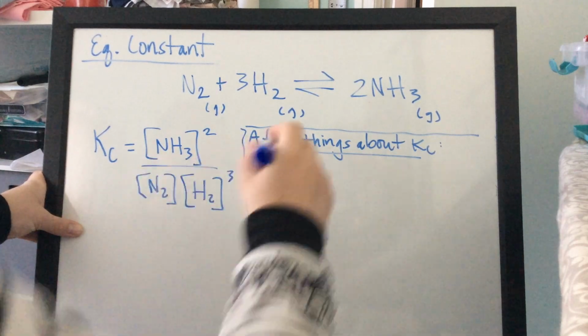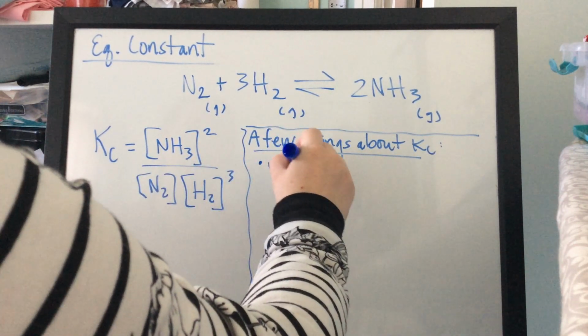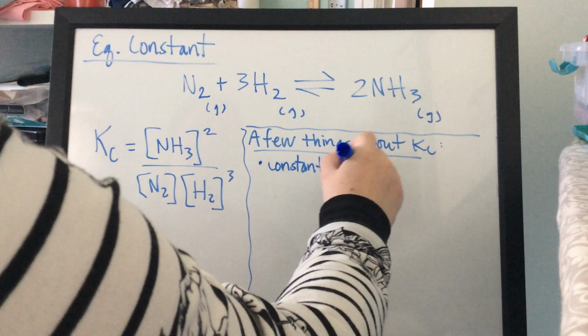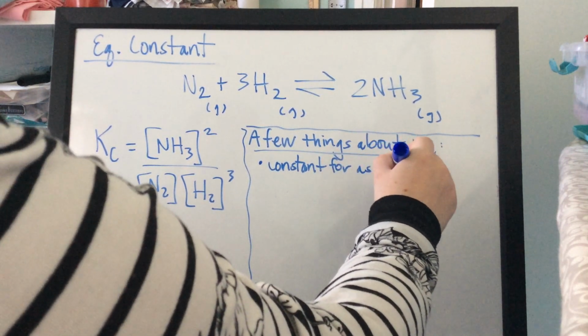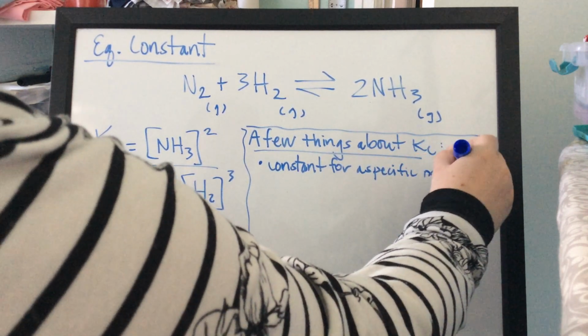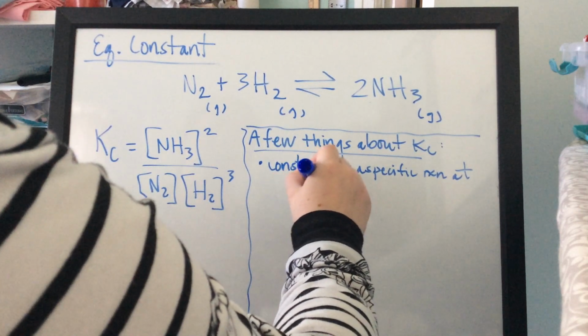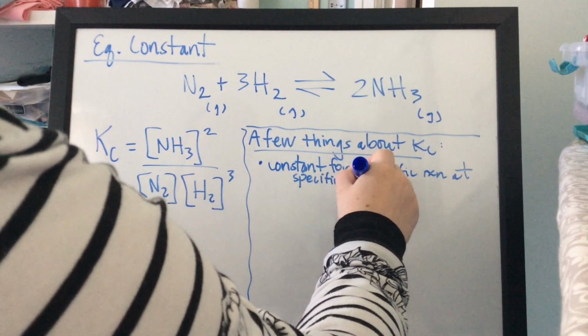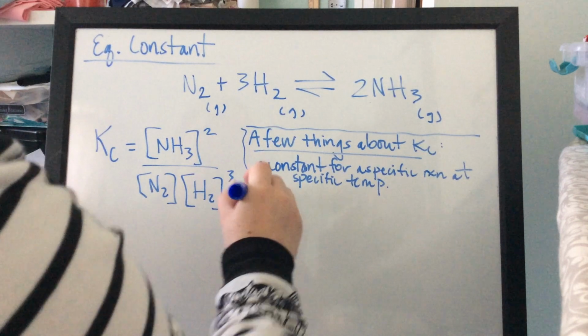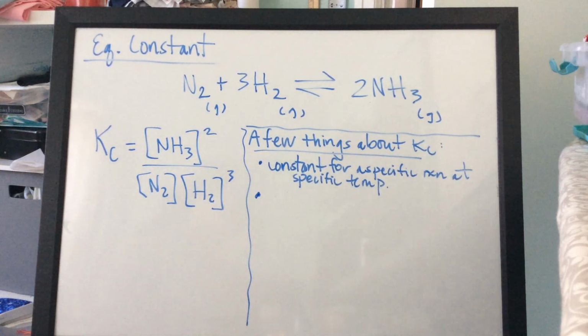It's a constant for a specific reaction at a specific temp. And if that doesn't remind you of lowercase k, we have an issue. So in that case, capital K and lowercase k are extremely similar in that regard.